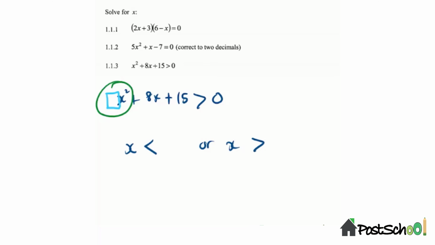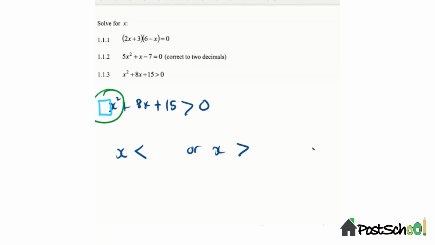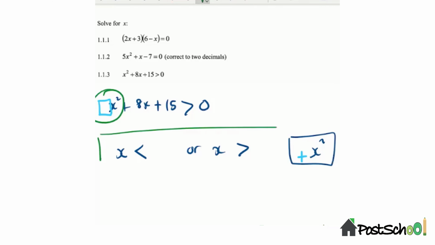Always, because this is the solution that you need. Okay, all the graphs are not marked. What you need is this as your solution. So if the number next to x squared is positive, this is what you are going to have always.